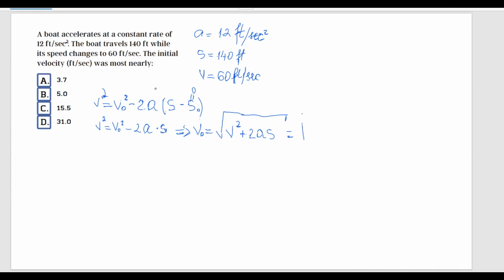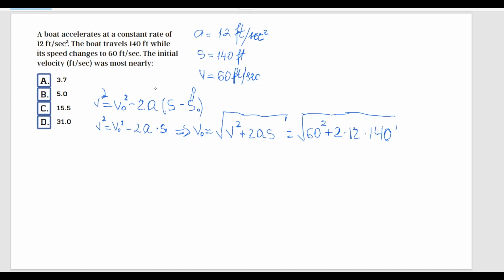V is 60 feet per second, so we have 60 squared plus 2 multiplied by A, which is 12 feet per second squared, and multiplied by the distance, which is 140 feet.